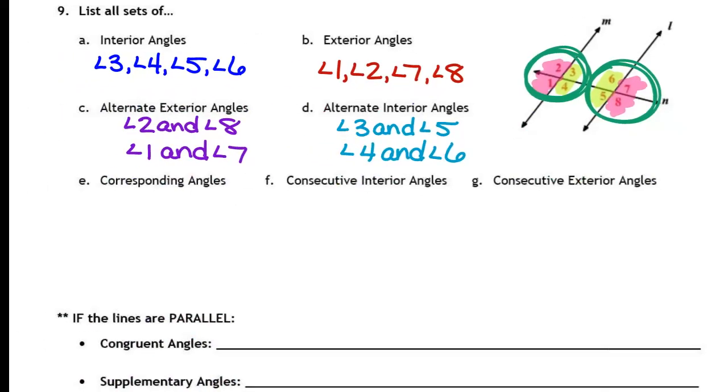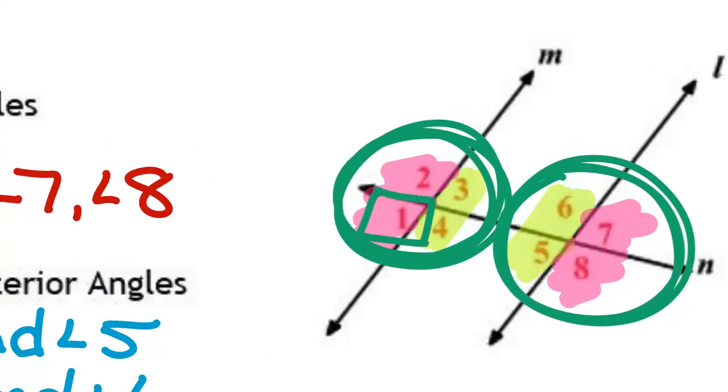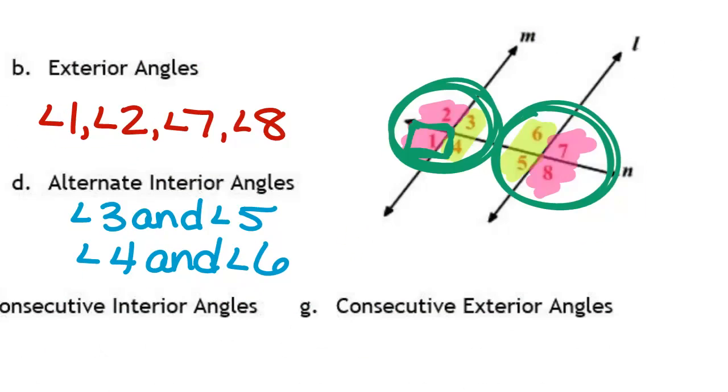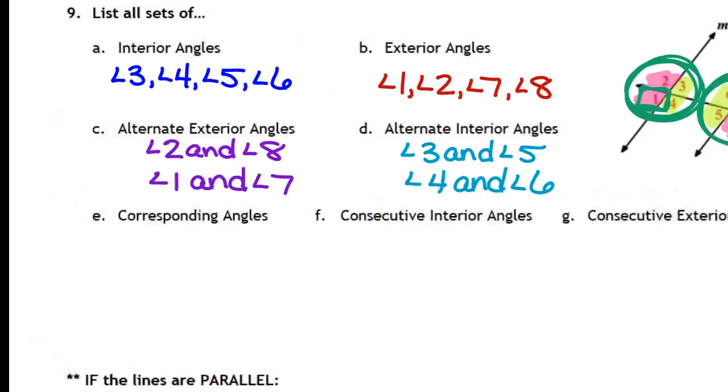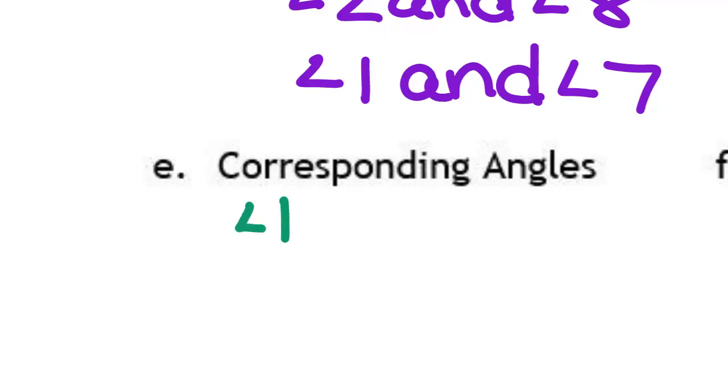Angle 1, I'm going to look at this angle here. That is in the lower left corner where these 2 lines cross. What's in the matching corner over here? 5. So angles 1 and 5 are corresponding angles.